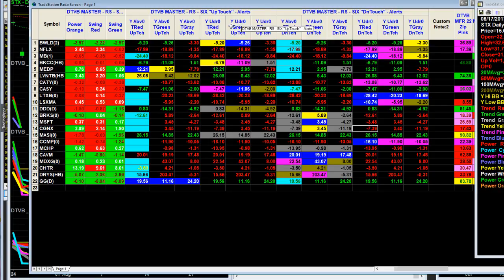Because remember, the whole system is built on a reversal recognition identification system. We have alerts, and those alerts tell us that the cycle is going the other way. And so uptouches, they come up against a vertical, some line like the 0 line or some of the other trio lines, the heavy lines on the chart.